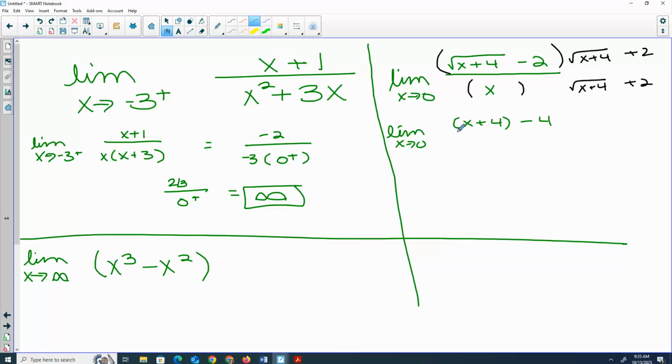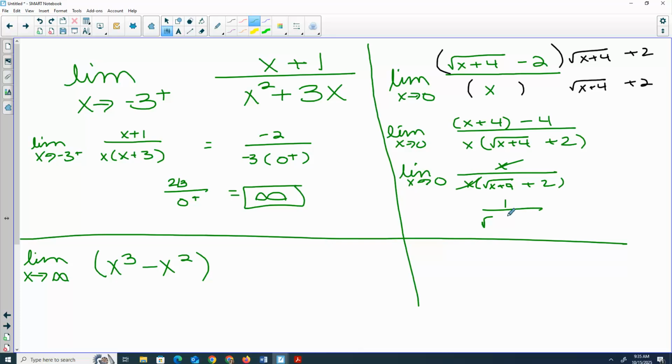Outside and inside cancel, so minus 4, for x times the square root of x plus 4 plus 2. So my 4's drop on top. Then my x's cancel, so now I can plug in. We get 1 over the square root of 4 plus 2, or 1/4. So anytime we have problems with radicals, try the conjugate.